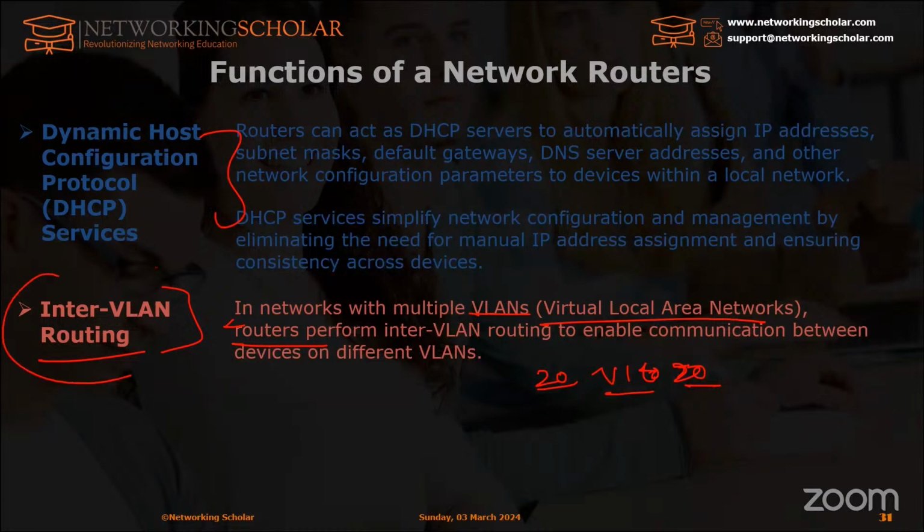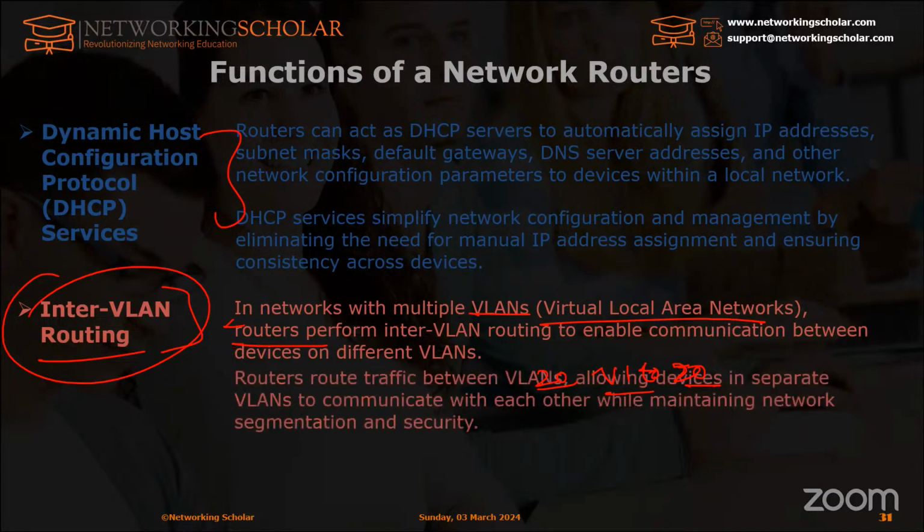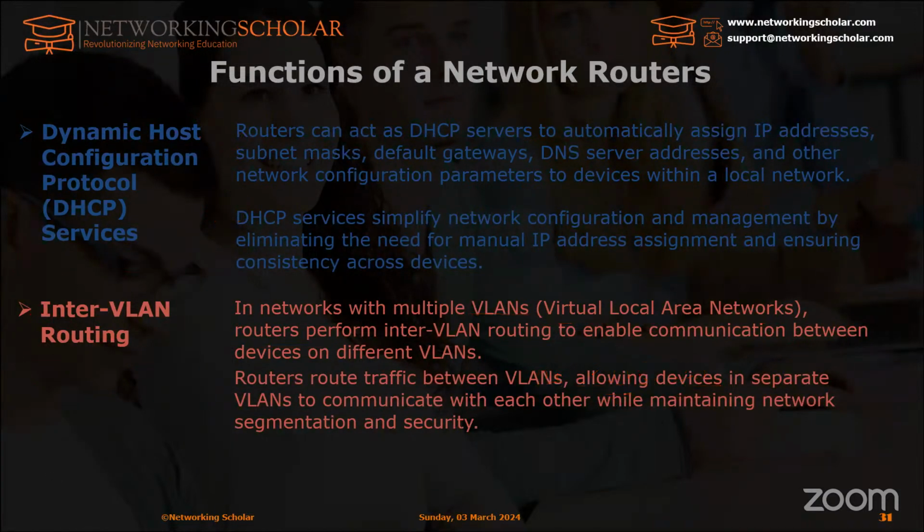In that case, we have to use inter-VLAN routing. A router can route traffic between VLANs, allowing devices in separate VLANs to communicate with each other while maintaining network segmentation and security. Okay, hope you understand.